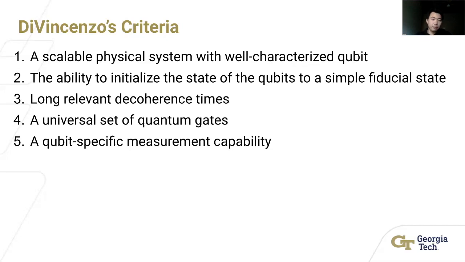Otherwise, you would just explore a corner of the Hilbert space, which doesn't lead you to the true, optimal solution. And you want to have qubit-specific, single qubit measurement capability, which is quite straightforward itself. So keep in mind those 5 criteria. Those are widely used.